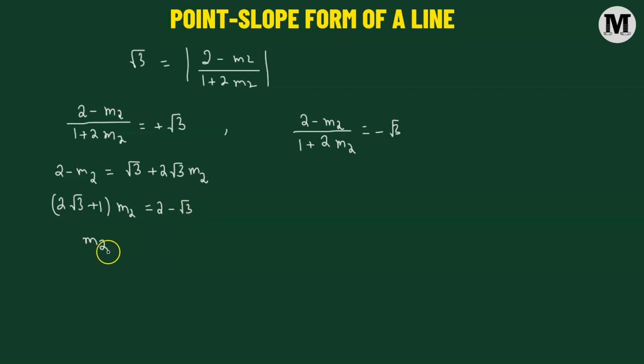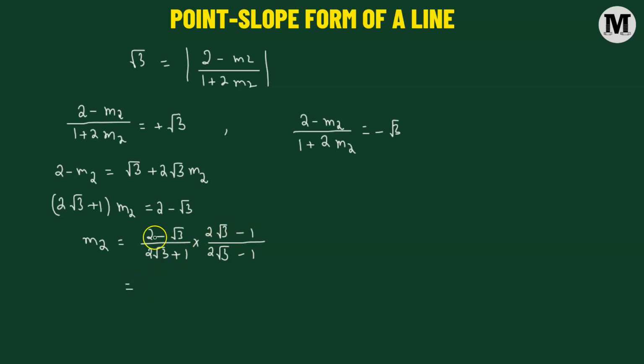So m2 will be equal to (2 minus square root of 3) divided by (2 times square root of 3 plus 1). Furthermore, we can rationalize the denominator. All we have to do is multiply by its conjugate, which is 2 times square root of 3 minus 1. So we multiply the same value, 2 times square root of 3 minus 1, to the numerator as well.